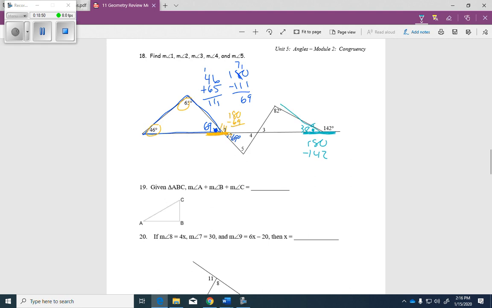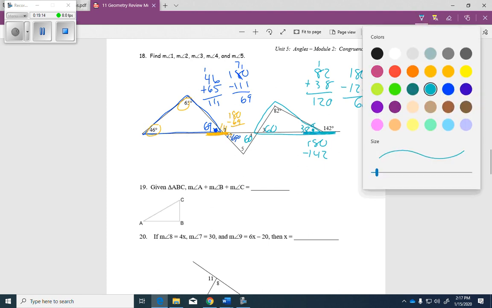I can look at this triangle and say the three angles in a triangle add up to 180, so 82 plus 38 is 120, and 180 minus 120 is 60. If angle 3 is 60, then angle 4 is 60, because vertical angles are congruent, and now I have one more triangle to look at.